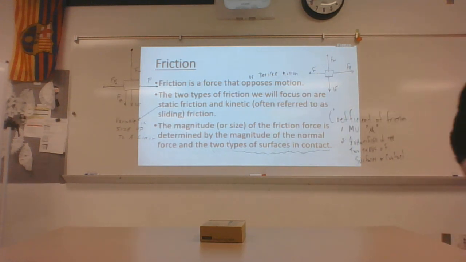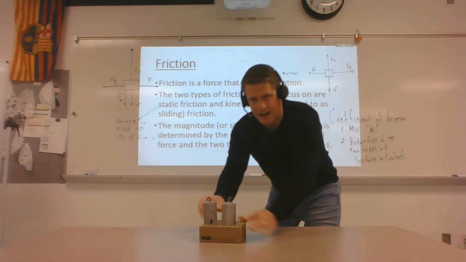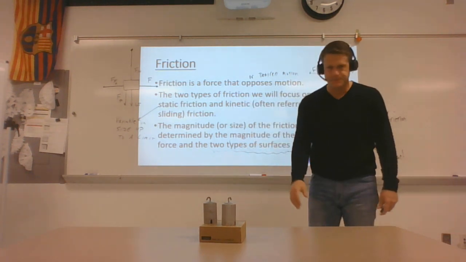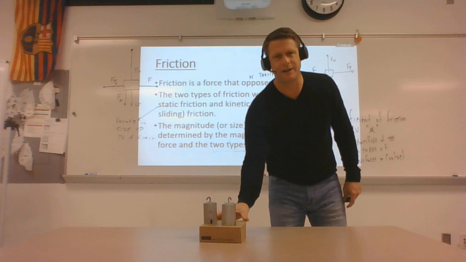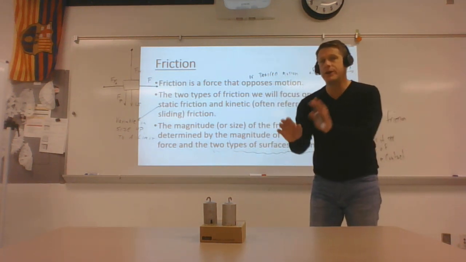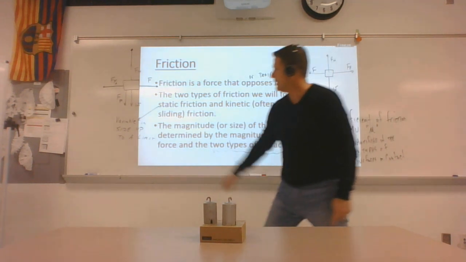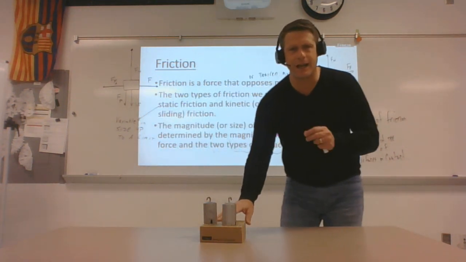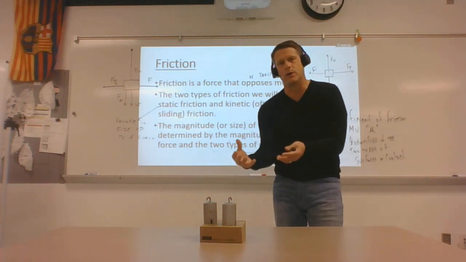How else could we make the table and the box stick together more? I could put some weights on top of here. Have I changed the weight of the box? I have not changed the weight of the box. So therefore, I haven't changed this force. But clearly, the box and the table would be sticking together more. How come?